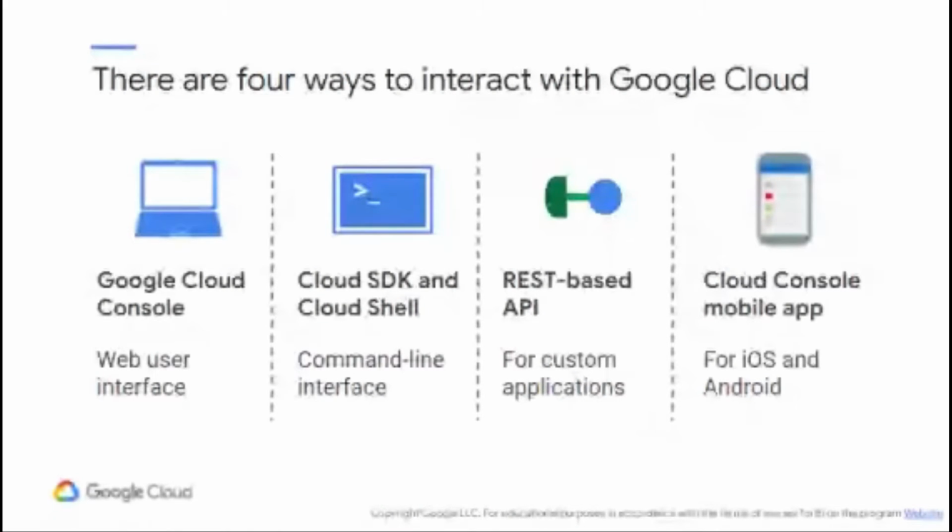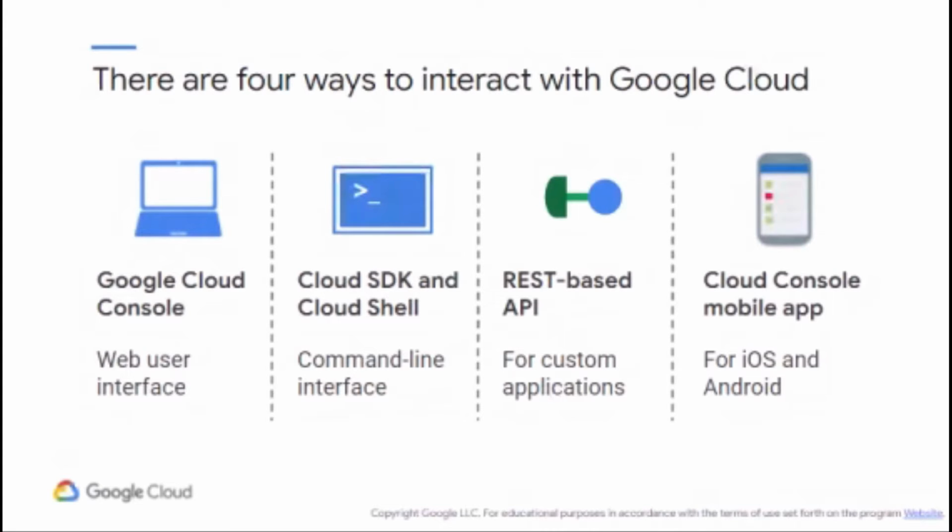Okay, so we'll start. We were talking about the Google Cloud platform. This is the platform where you will be learning more about Google Cloud, and as you can see, there are four ways to interact with it.